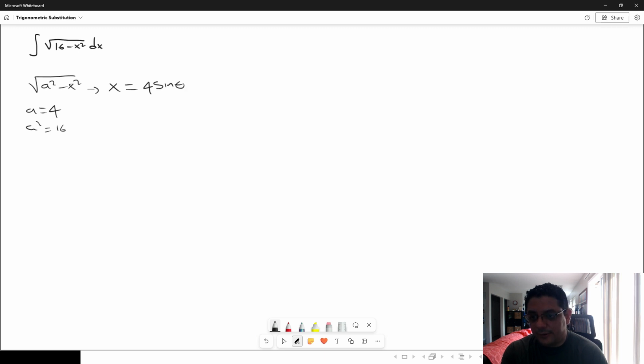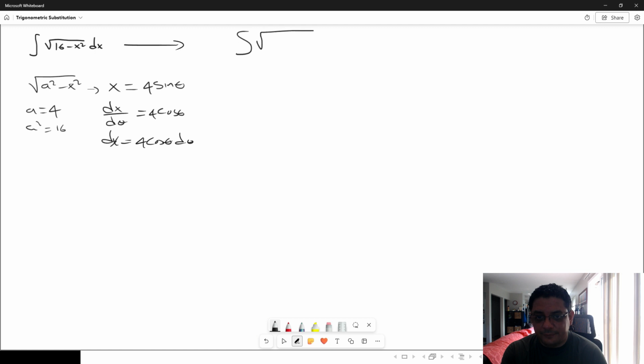Because of that, dx d theta is 4 cosine of theta, so dx is 4 cosine of theta d theta. We transform that into the integral of the square root of 16 minus 16 sine squared of theta times 4 cosine of theta d theta. We're replacing the dx and plugging it in to get the factor.